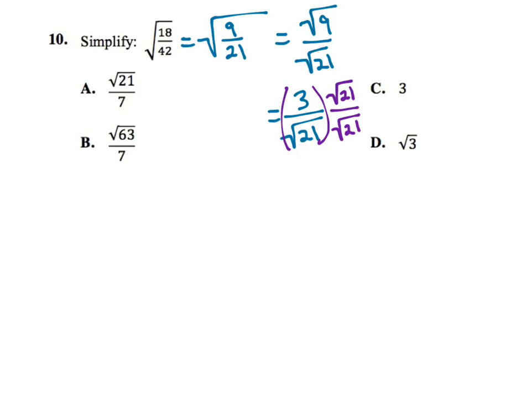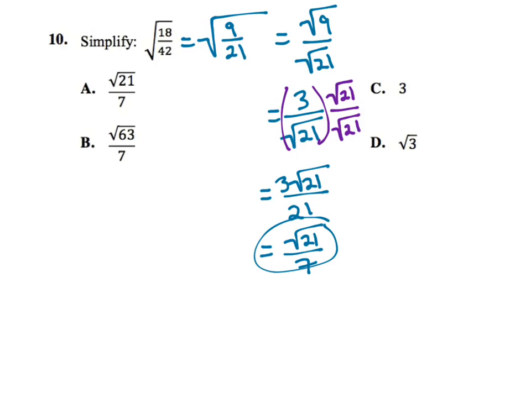All right. So now that I do that, I'll end up with the numerator 3 radical 21 over 21 for the reasons we just talked about. I'm still not done simplifying because now I can reduce my fraction a little bit and I get radical 21 over 7. There's my answer, A.